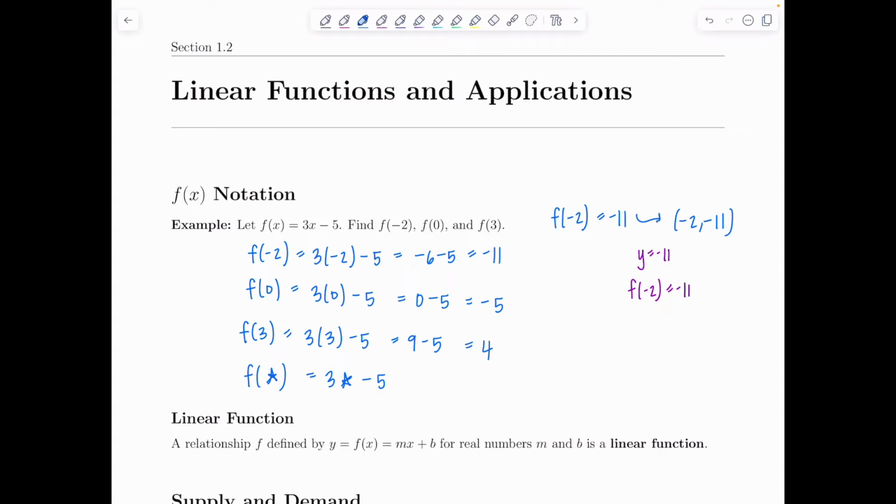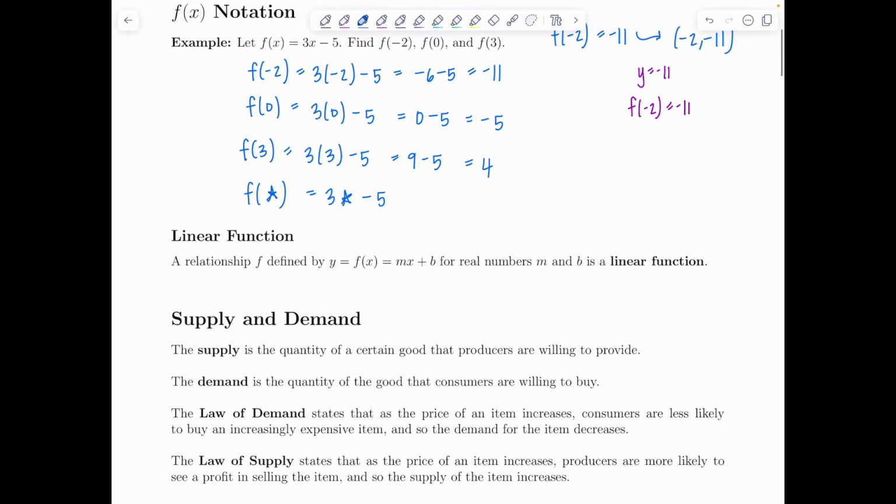Okay, let's continue now. So last lesson, we looked over equations of lines. Now we're going to talk about them as functions. A linear function, a relationship f defined by y equals f of x equals mx plus b for real numbers m and b, is a linear function.